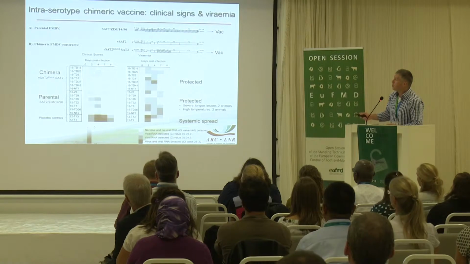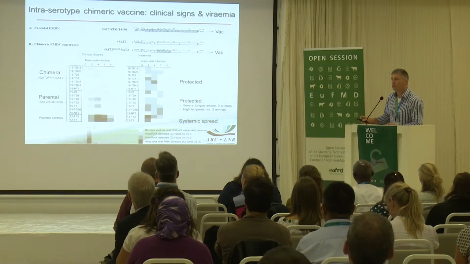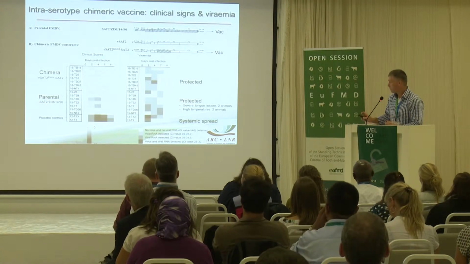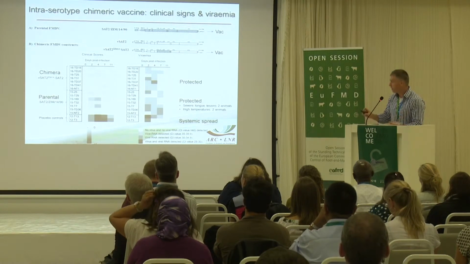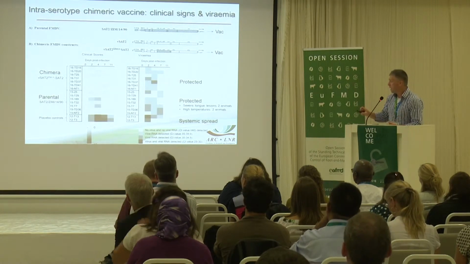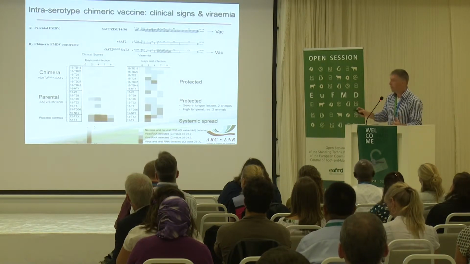From the clinical scores, you can see that these animals were all protected compared to the placebo controls, which had severe lesions and systemic spread. So the chimera reacted very similarly to the wildlife virus. Now one can use this genome length clone or chimera clone and make some improvements.